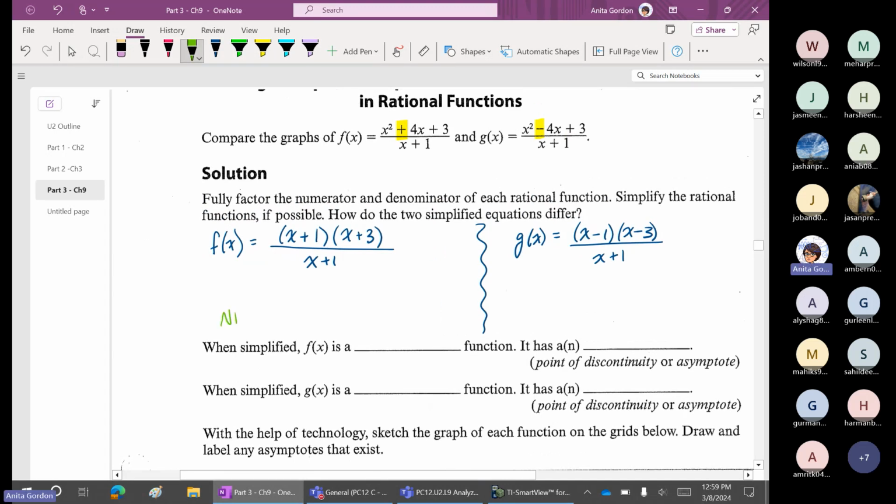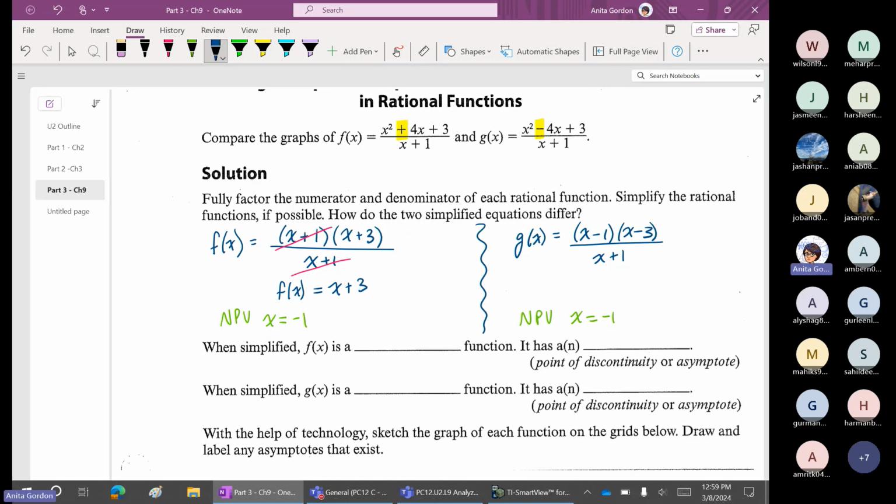I have a non-permissible value where x is -1, in both. In the f function, I can cancel that common factor. So now the f function simplifies to x plus 3.